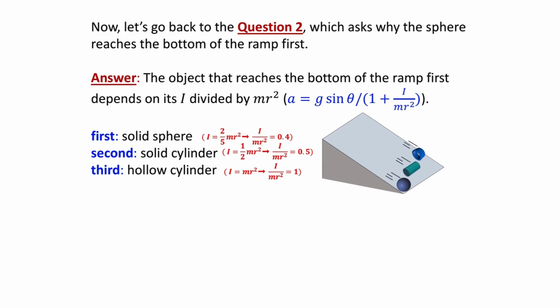Since we mentioned that an object with smaller moment of inertia relative to mr squared has the greater acceleration, therefore we can conclude that solid sphere reaches first, solid cylinder the next, and hollow cylinder the last object which reaches the bottom of the ramp.